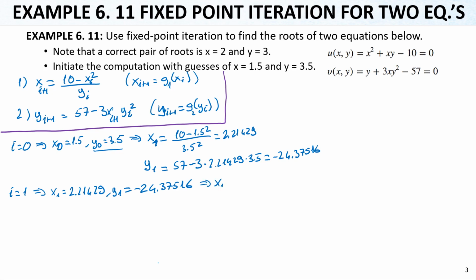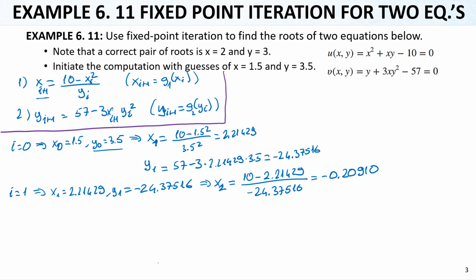Then x1 is equivalent to 10 minus xi, meaning actually this is i plus 1 here, and xi is x1 2.21429 divided by yi, which is minus 24.37516. Then x2 is equivalent to minus 0.20910, and unfortunately, because the y diverged, x is now diverging too. Instead of going to 2, it's going to a small value.